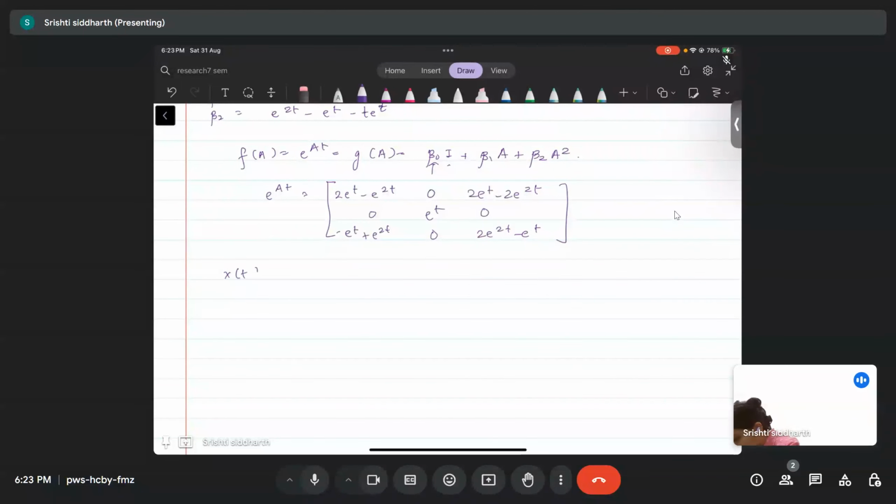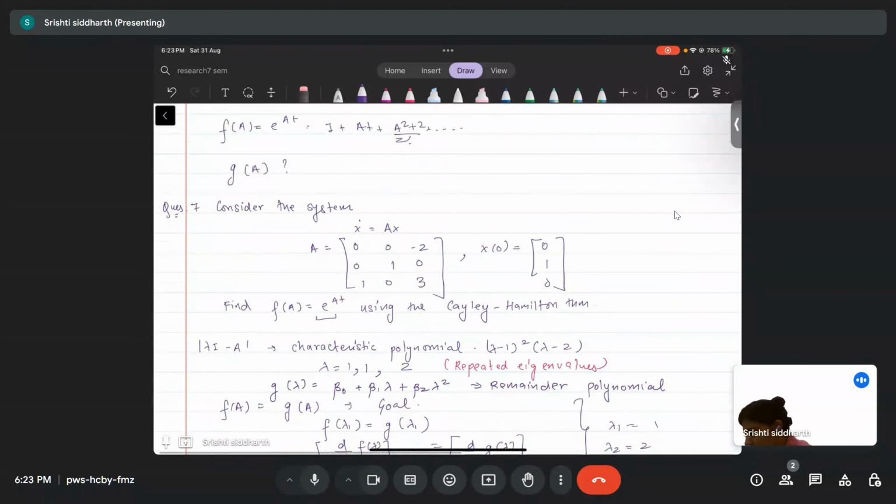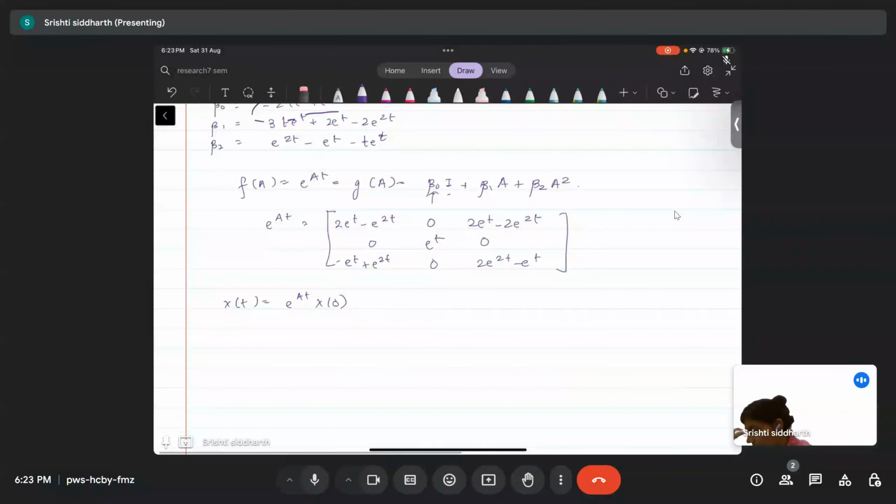So we also know some initial condition. We have been given those. So it is x0, let's see, okay, so 0, 1, 0. So what we are actually doing is just extracting this second row and writing it as a column, right? You can check this if you multiply this matrix by 0, 1, 0. So this is 0, e to the power t and 0.